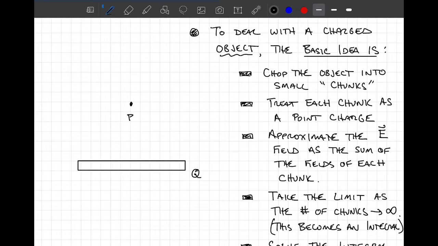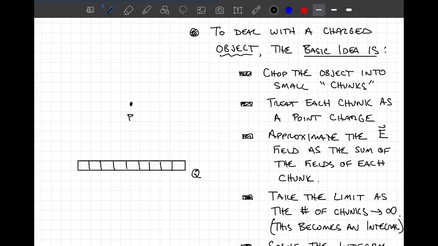We want to find the exact expression for the electric field at point P, but we can no longer simply say we have point charges that give us that expression. An intermediate step before trying to look at the entire rod is to approximate it as point charges, meaning I can chop this rod up into some finite number of pieces, like that.